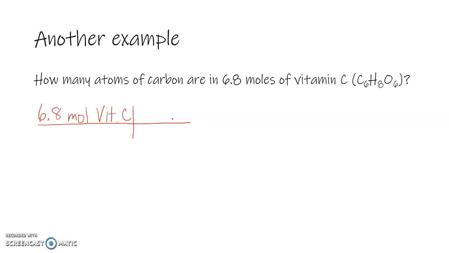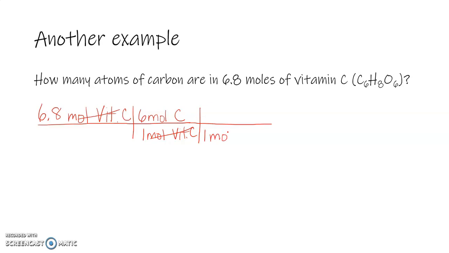Since we're just looking for atoms of carbon in the end, I'm going to convert from vitamin C to just moles of carbon. And so for every 1 mole of vitamin C, there are 6 moles of carbon. Those cancel. And now we can use Avogadro's number to convert from moles of carbon to atoms of carbon.